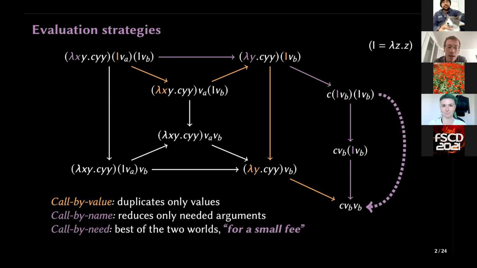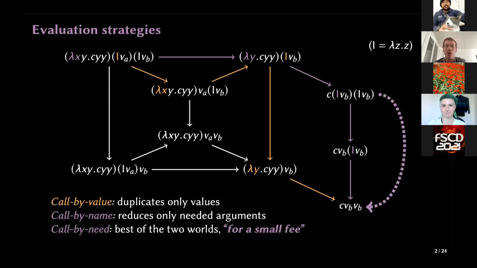Finally, call by need, a strategy you can find in Haskell, for instance, optimizes call by name by adding some other mechanism to avoid the duplicate computation. We will speak more of this mechanism later.